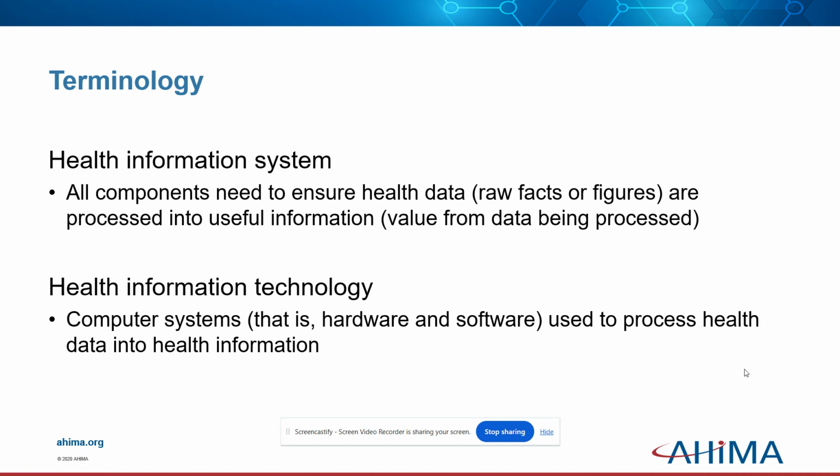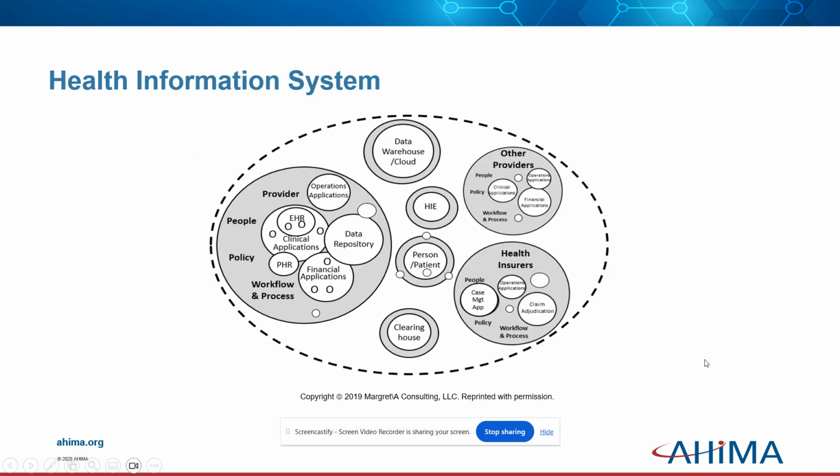So we process the data, we manipulate the data to turn it into information, ultimately allowing us to make informed decisions. Whereas that health information technology, specifically the computer systems, so that is the hardware, the software that's used to process health data into health information.